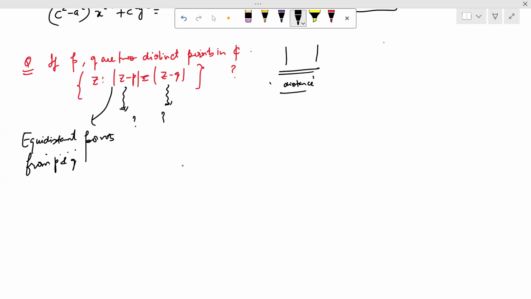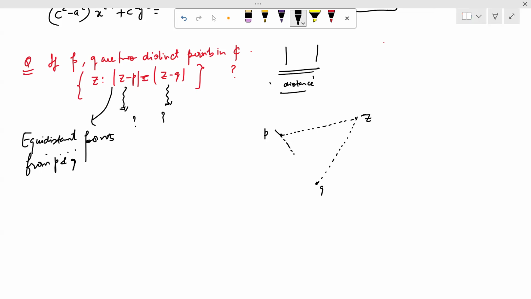Okay. So equidistant point from P and Q, what does that mean? Let's say this is your point P and let's say this is your point Q. So Z is somewhere here, and the distance between Z and P and the distance between Z and Q are the same.